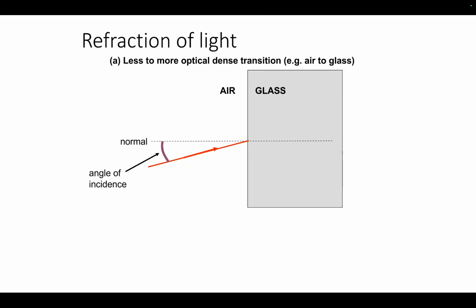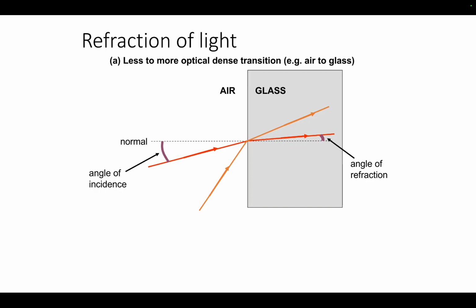Right, so refraction of light. This is a less to more optically dense transition, from air to glass. Glass is more dense than air, so the light will refract towards the normal in that instance. Here's another example. As you can see, it's changing direction, coming towards the normal.